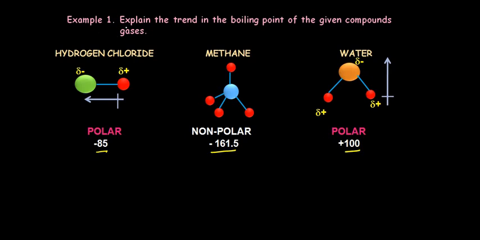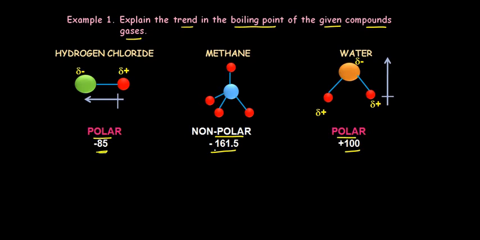Now what the example says is, explain the trend in the boiling points of these given compounds, which are gases. Now let's understand what's the difference between these compounds. Methane is a non-polar molecule. Hydrogen chloride is a polar molecule and water is also again a polar molecule.